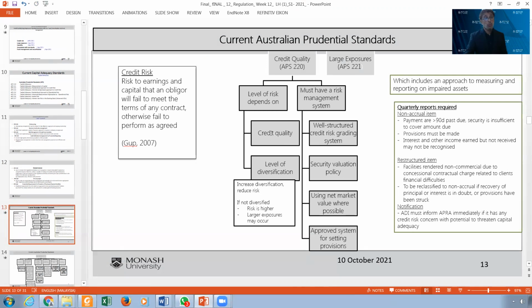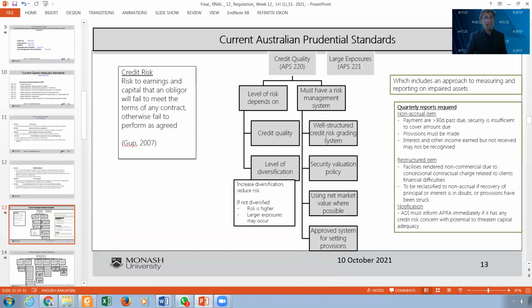And they want to ensure that there is credit quality when we talk about individual loans, and there is proper diversification also. Now, if this is not in place, then you have a problem with credit risk. Also, they must have a management system for the credit risk.